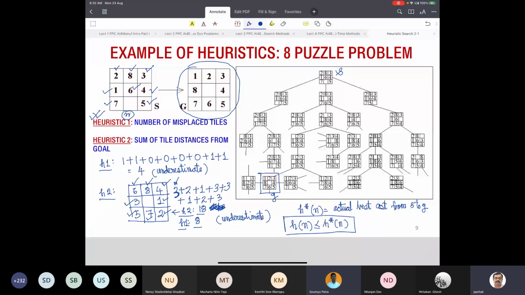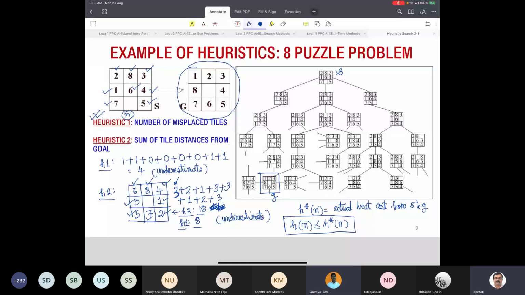Sir, but in another way, if I go from one place to another place, let's say by swapping the tiles. That is a different state space definition. You're changing the problem. To change the heuristic, you're changing the problem.